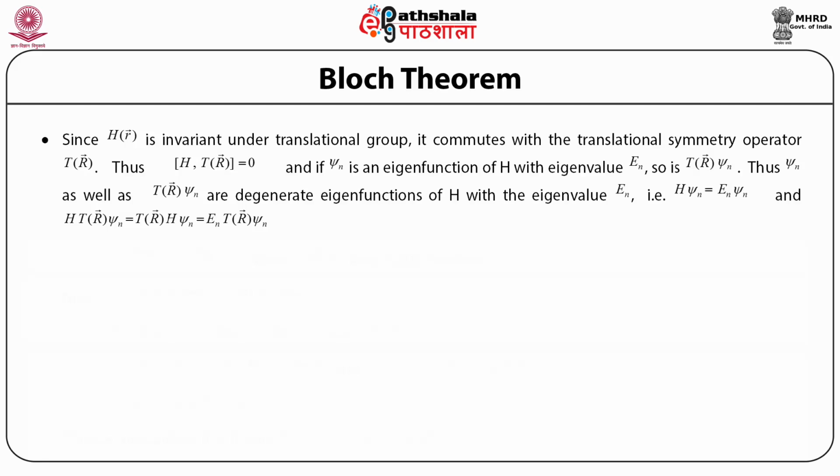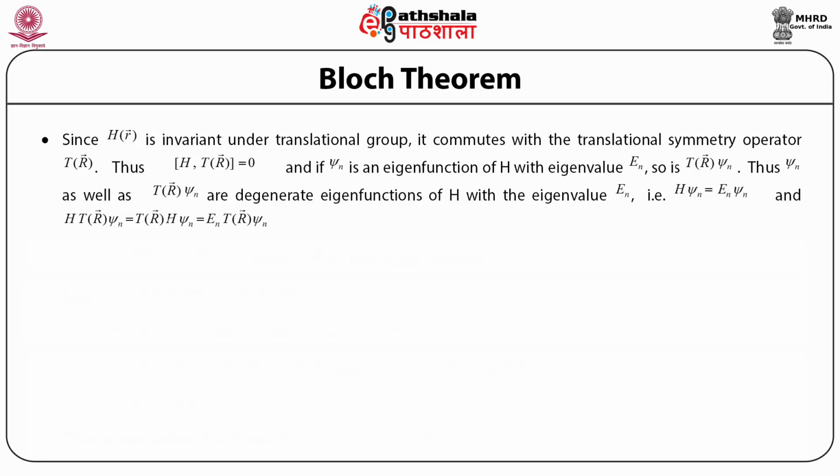Now, if psi_n is an eigenfunction of H with eigenvalue E_n, then we know that in that case T_R psi_n is also an eigenfunction of H with the same eigenvalue E_n, because T_R commutes with H. Thus, psi_n as well as T_R operating on psi_n are degenerate eigenfunctions of H with the eigenvalue E_n.